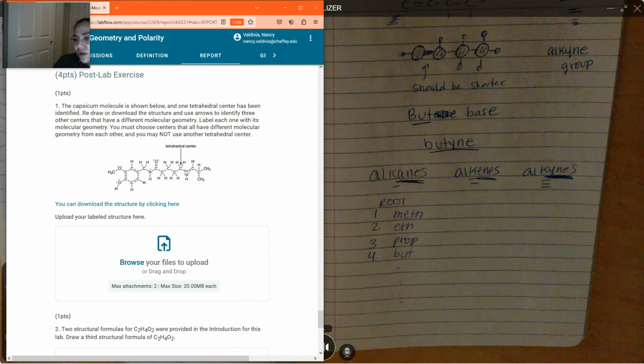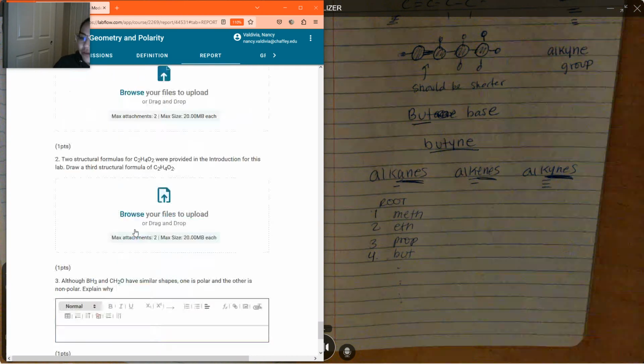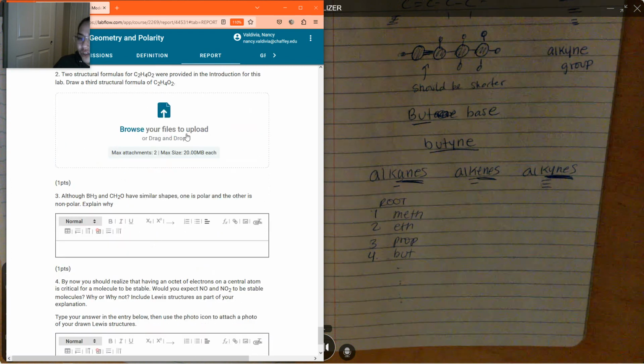So you'll draw this out basically and then name more shapes that you're going to find here. Like here's a different shape. What shape is this? Is it linear? Is it bent? Okay, you figure it out, right? Download your stuff and then you're good. And then, yep, the rest is for structural formulas.